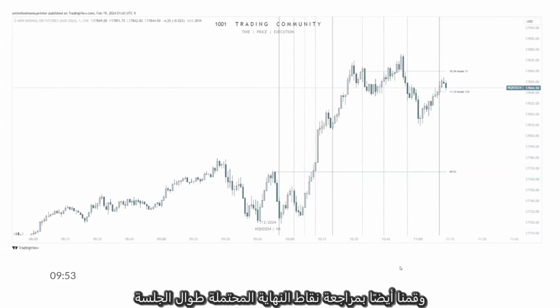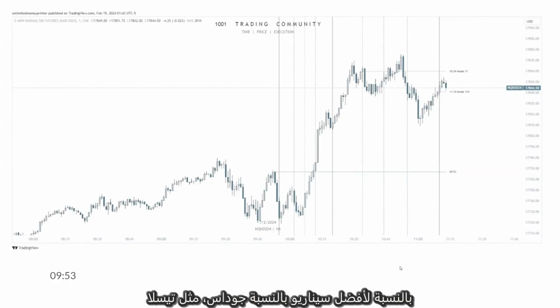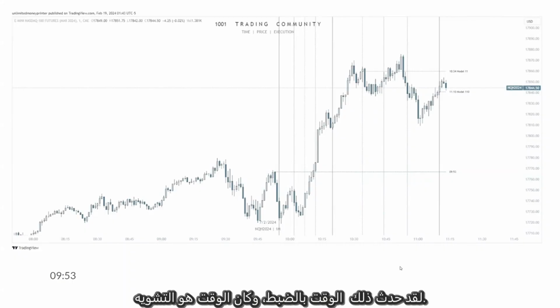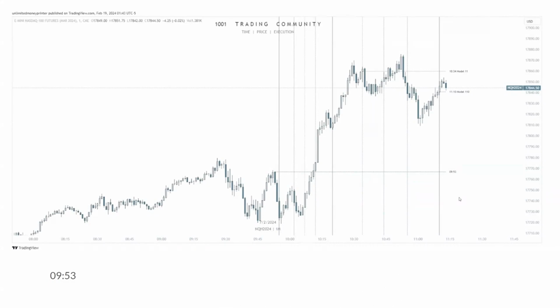And we also went over the potential terminus endpoints throughout the session for Judas. Best case scenario, like Tesla, 1235, hit that 15-minute BISI, or I think it was an inversion, whatever it may be. It hit that at that exact time, and that was that. After that, time distortion. Short-lived moves like this, for this example, 1034, 1110, price then experiences model 11 thereafter.